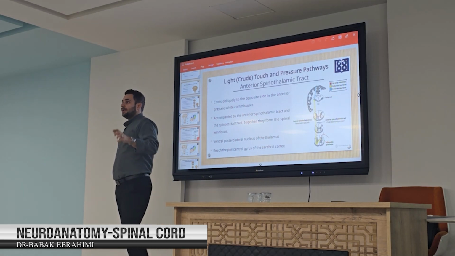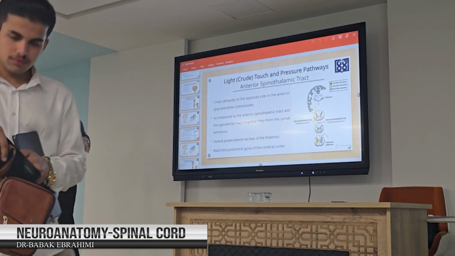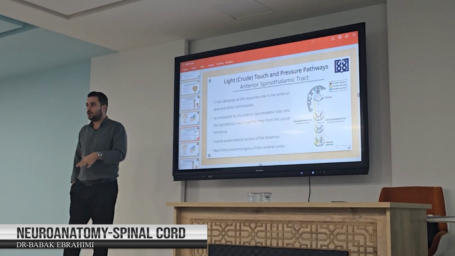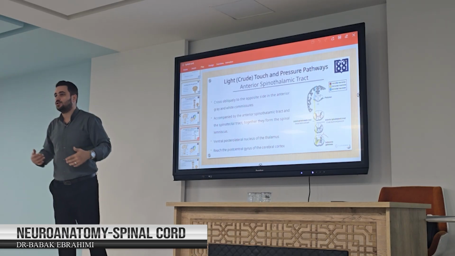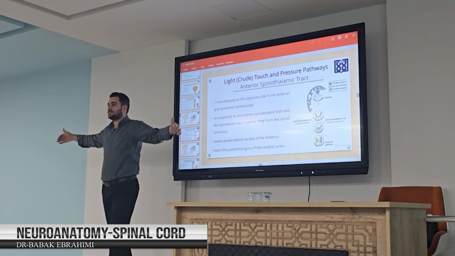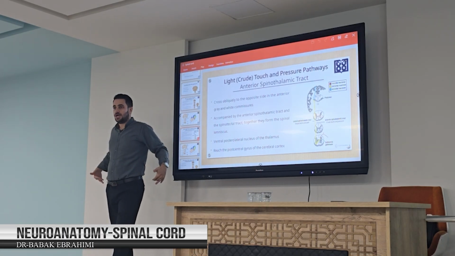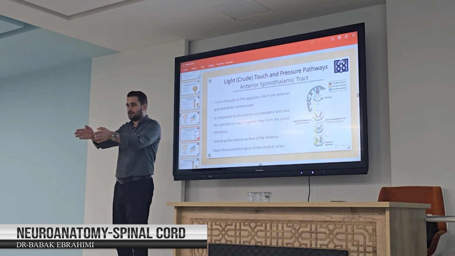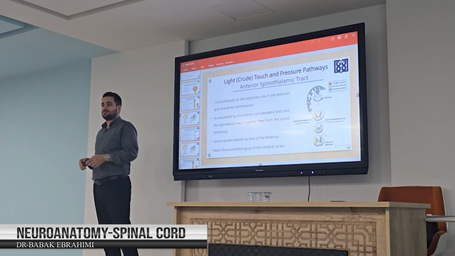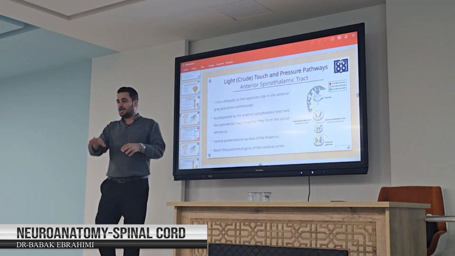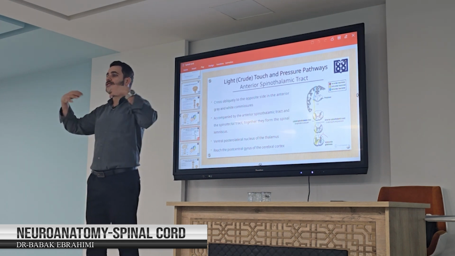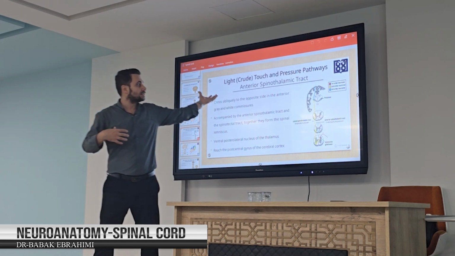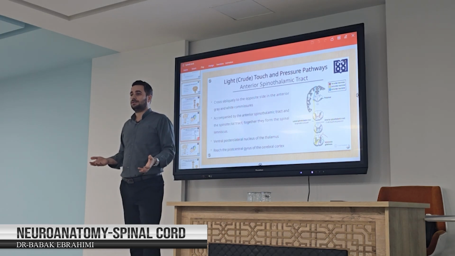Do you remember in the previous session I brought the students here and told you about the funiculus? I told you we have anterior funiculus, lateral funiculus, and posterior funiculus. So we have anterior spinothalamic and lateral spinothalamic, because I told you the white matter of the spinal cord is related to the tracts, because the tracts are myelinated axons.